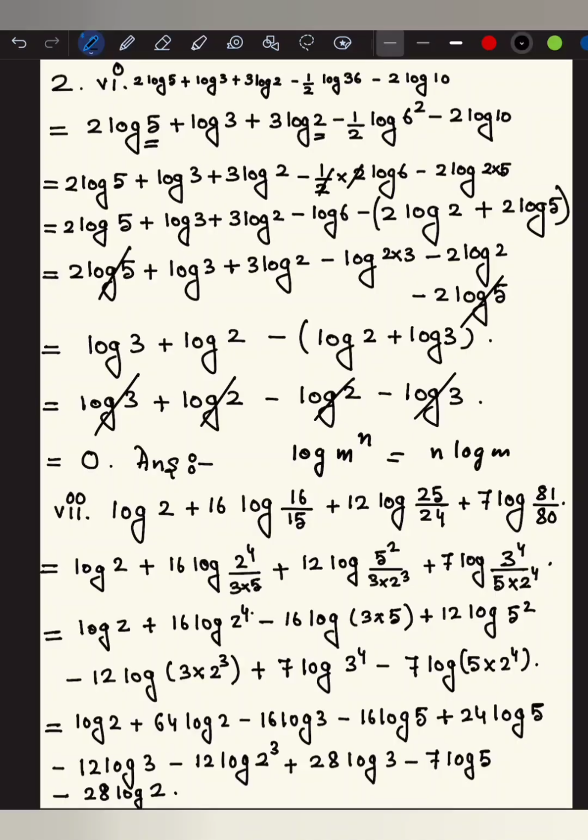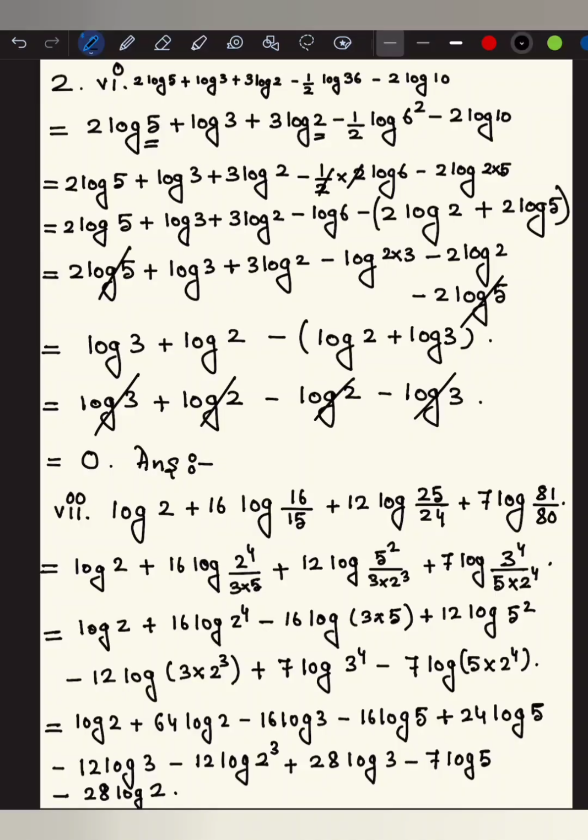So this 4 gets multiplied with 16, and this comes out to be 16 4s are 64, so plus 64 log 2 again, minus 16 log 3 into 5.